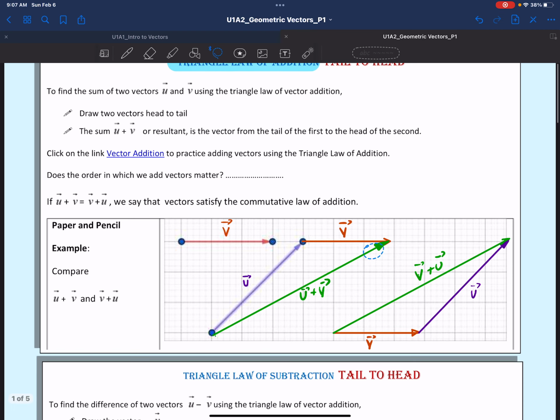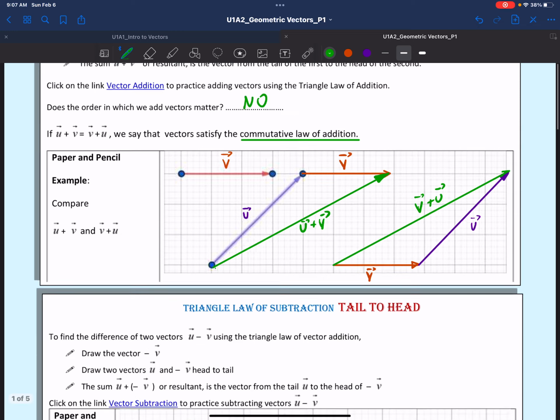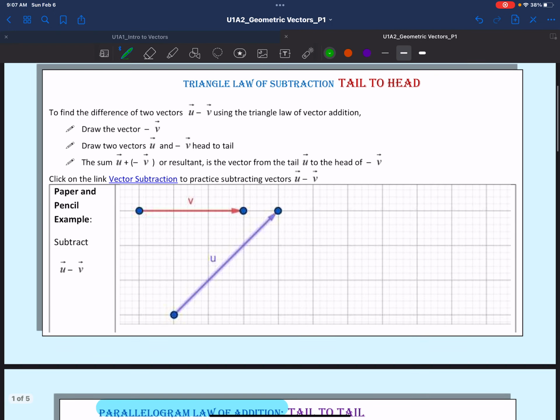So in this case, we're going to say that the order in which we add vectors, u plus v or v plus u, does not matter. We're going to say that vector addition enjoys the commutative law. So in other words, this is what we call the commutative law of addition.